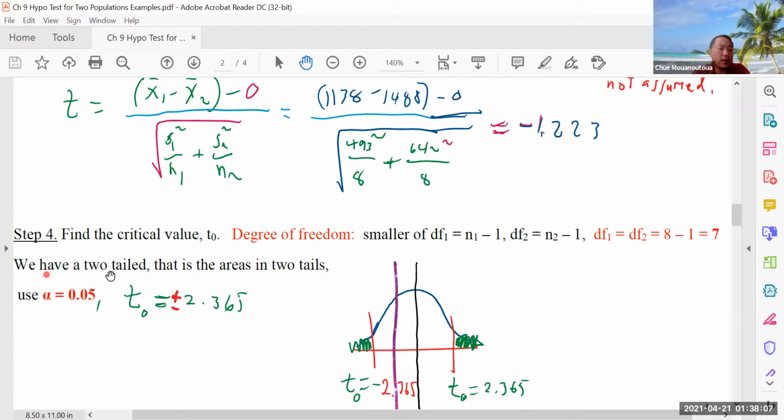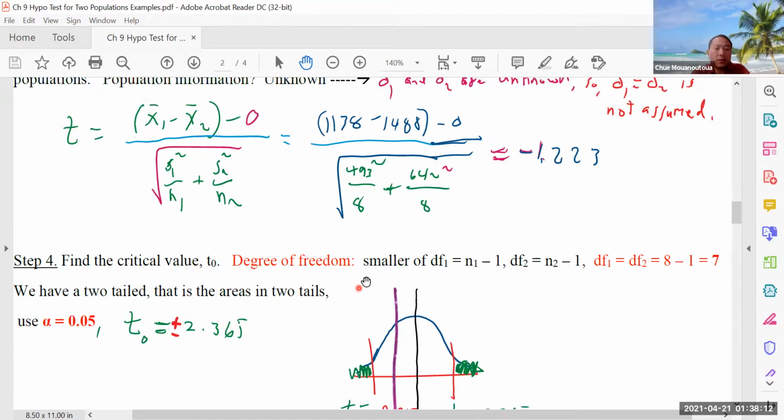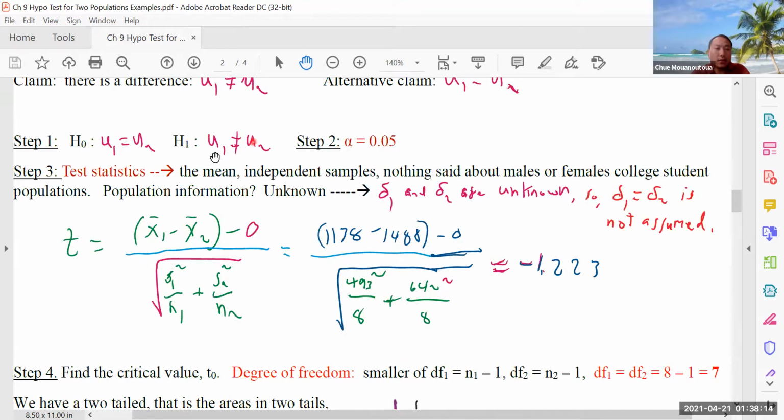Now we have a two-tail test. We have two tails because H1 says not equal, so it could be either less than or greater than. That's why you have 2 tails.